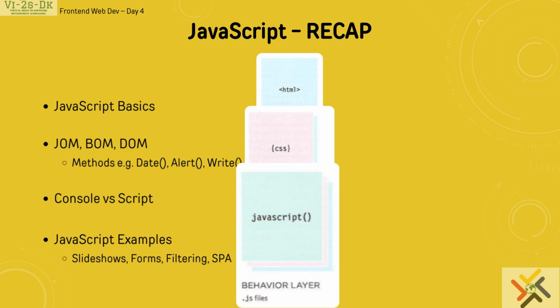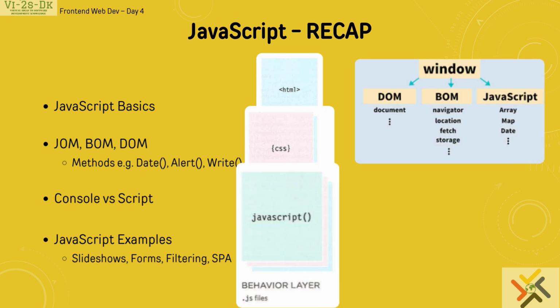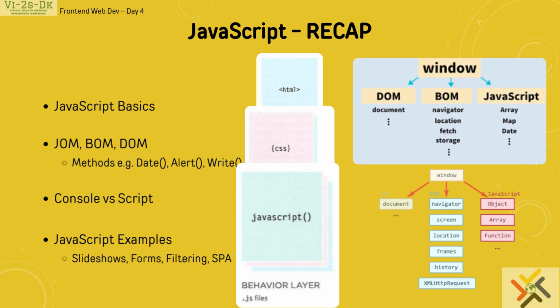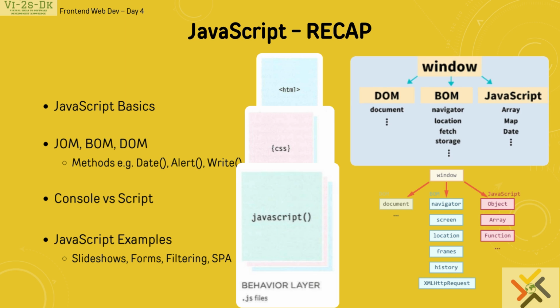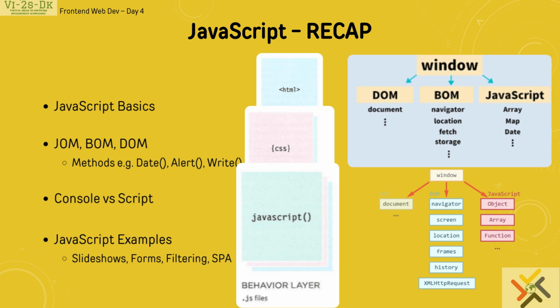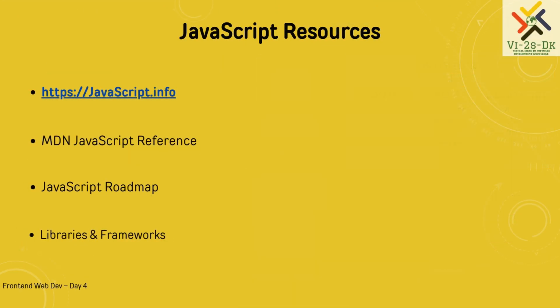To recap, JavaScript basically is another programming language which doesn't need to compile. We write it in an HTML document. It also has the JavaScript object model, browser object model, and DOM. We've looked at some examples, including single-page applications that are very useful, or use cases of JavaScript.